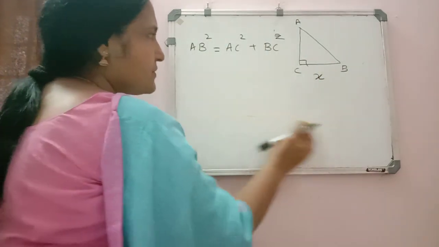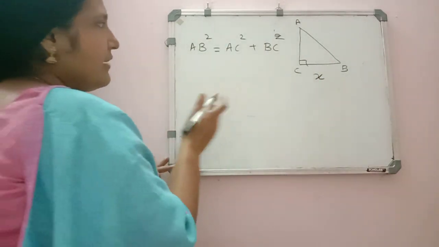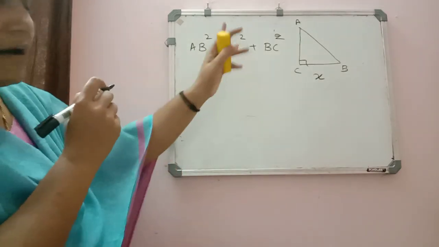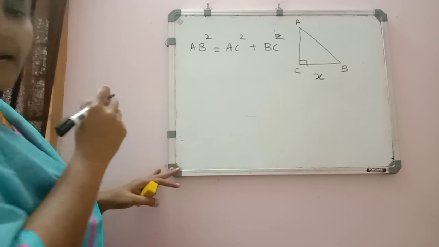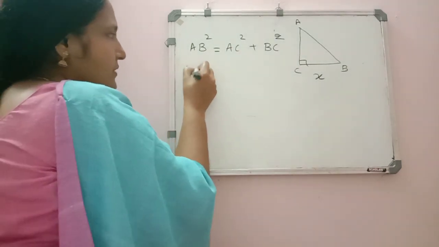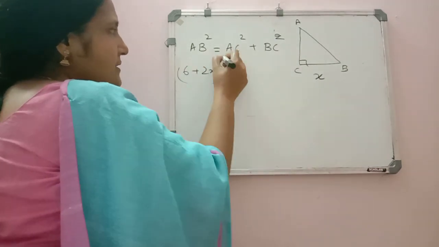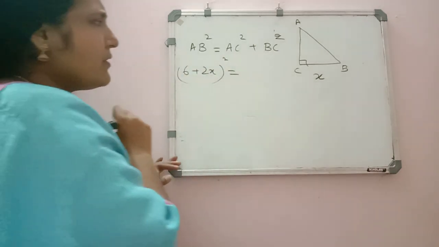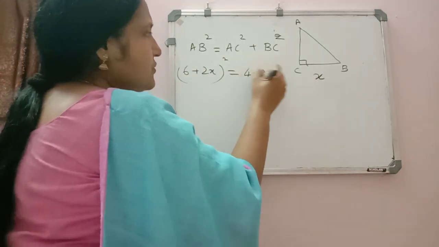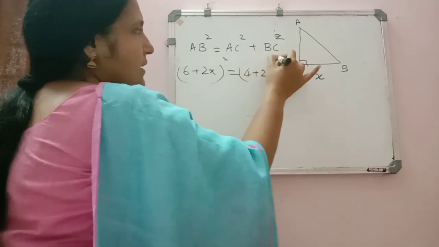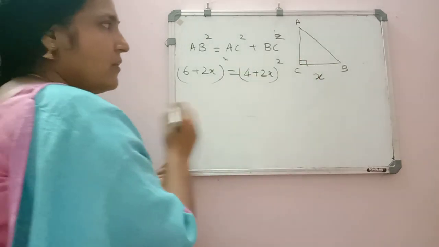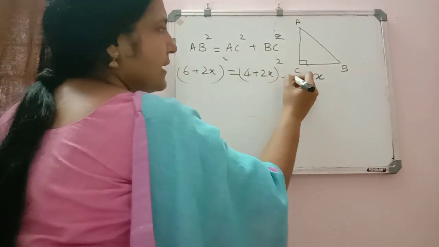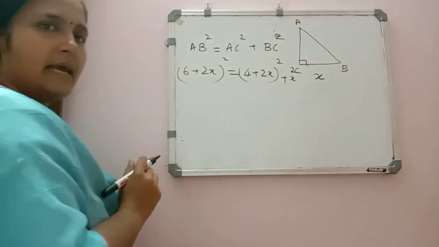Now we are going to substitute the values. AB was 6 more than twice the shortest side, so that is 6 plus 2x the whole square, is equal to AC square, which we got as 4 plus 2x the whole square, plus BC square. BC we have taken is equal to x, so that will be x square.